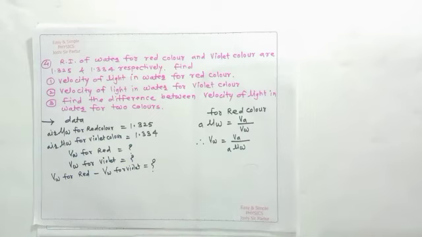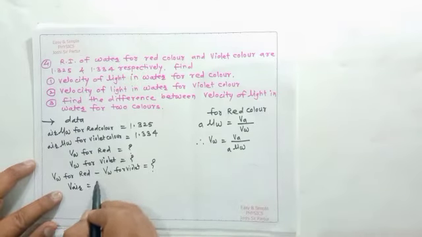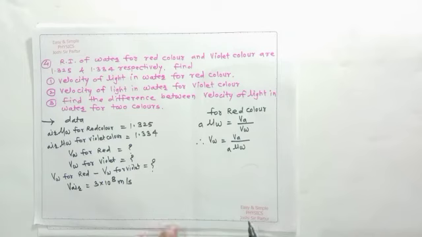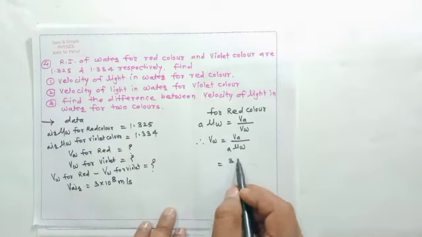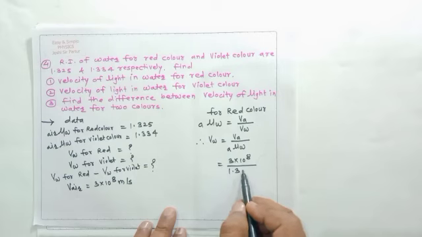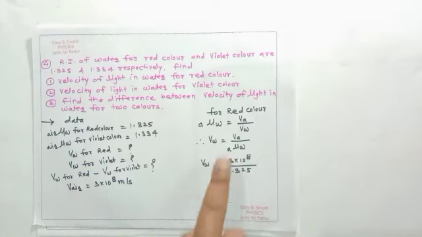The velocity of light in air is given as 3 into 10 to the power 8 meter per second. Substituting, 3 into 10 to the power 8 divided by 1.325 is the velocity of light in water for red color.